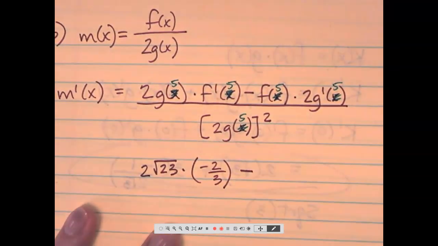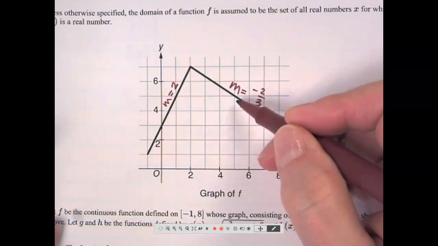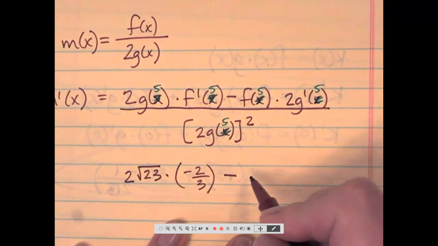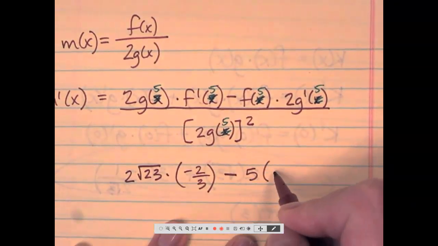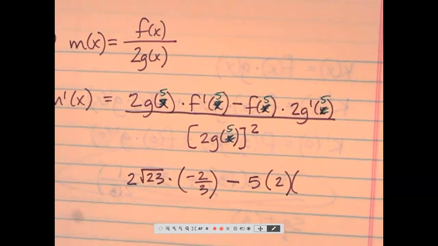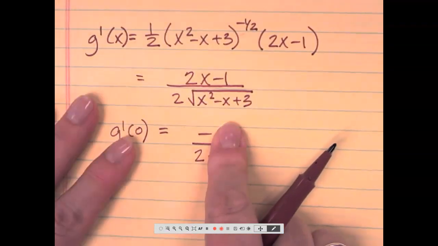Minus f of 5. Well, that's easy. Here's a graph. If I go to 5, the y value is also 5. And g prime of 5. Oh, remember we found g prime. It wasn't pretty, but we found it. Here it is.